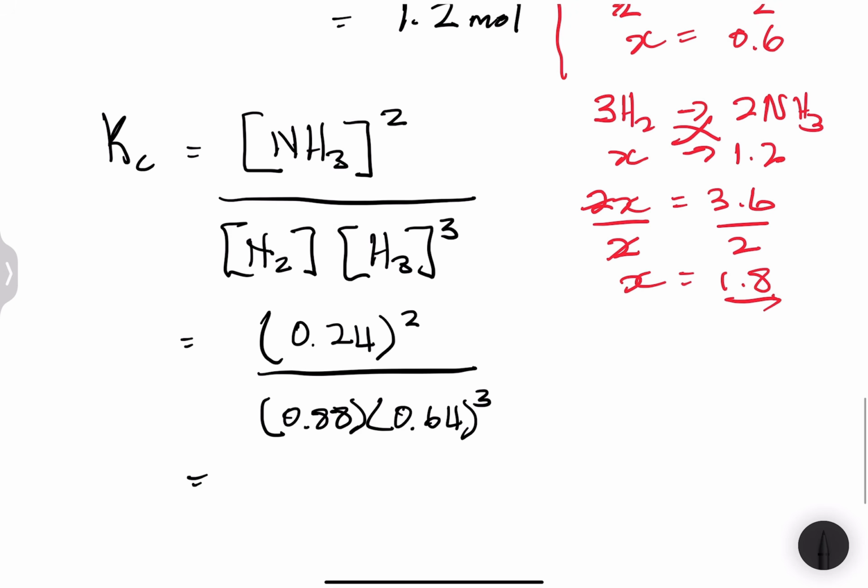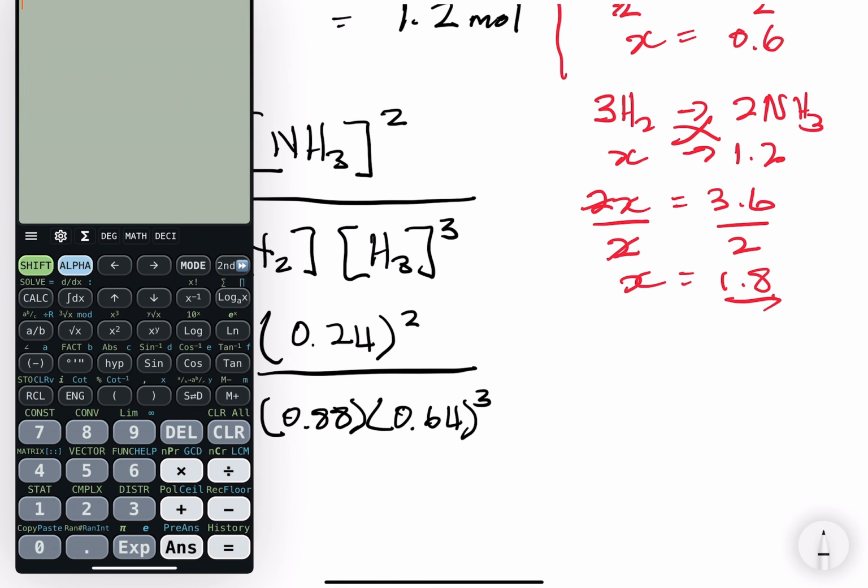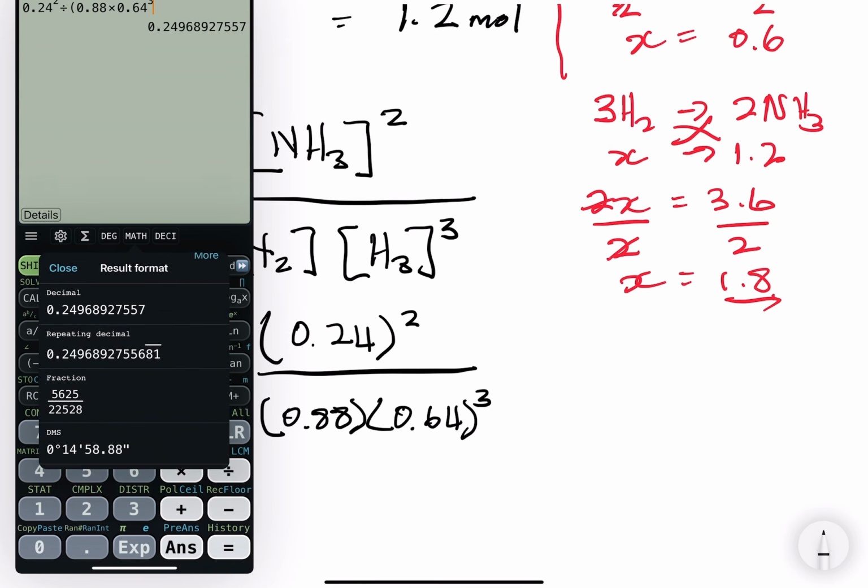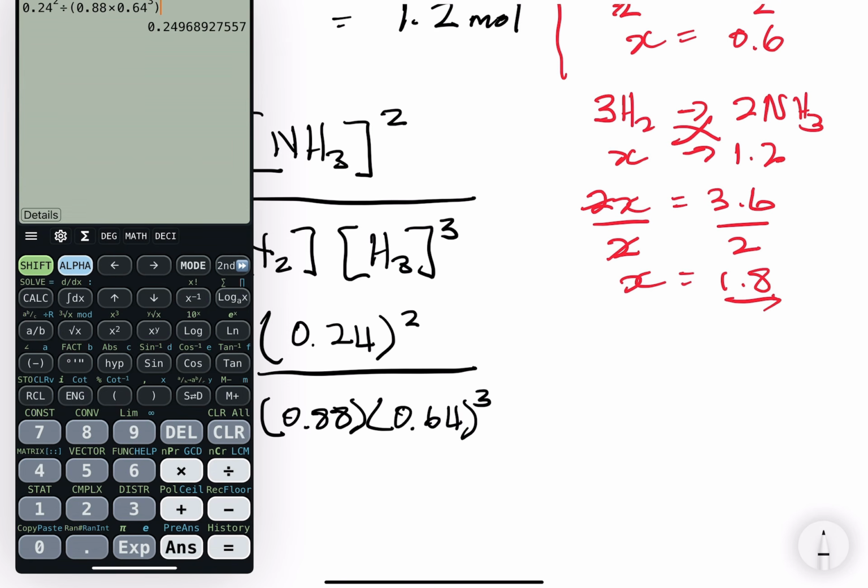So let's calculate: 0.24 squared divided by, I'm going to put that in brackets, 0.88 times 0.64 cubed. I'm going to close those brackets.